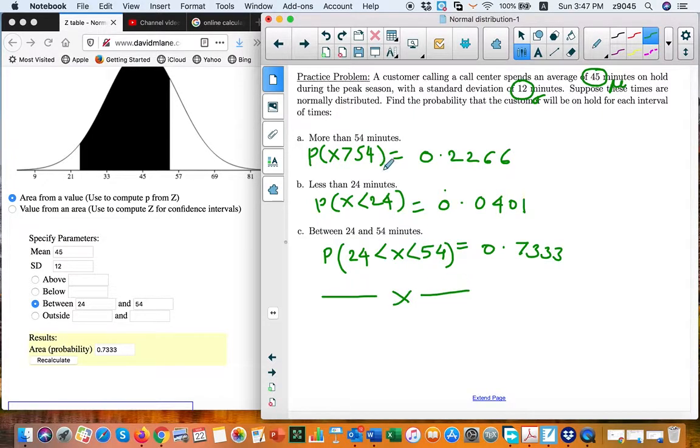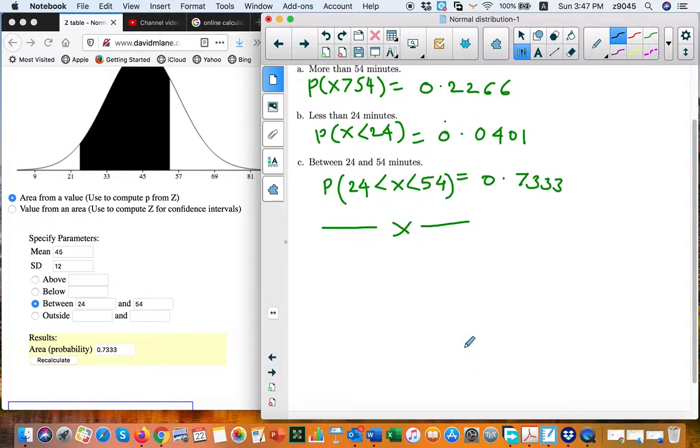If I'm interested in using the table, let's see how to solve the first question using the table. We have been given in the first part probability of x greater than 54. As I know, x minus mu divided by sigma gives me z.